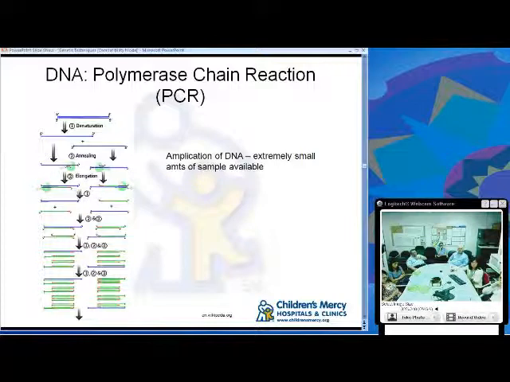Then you get the elongation step, and you make a new strand of DNA. And then those double-strand strands of DNA are again separated, and then the primer comes back on. And so you can go for like 40 cycles and you'll get an amplification of your DNA sample.